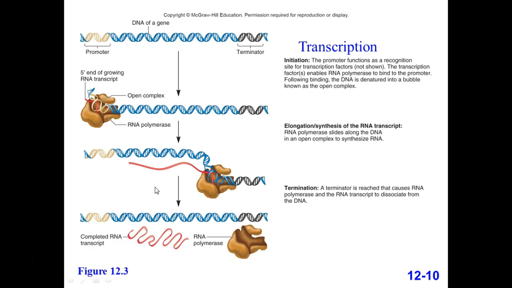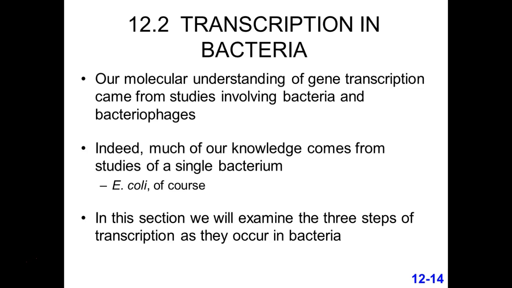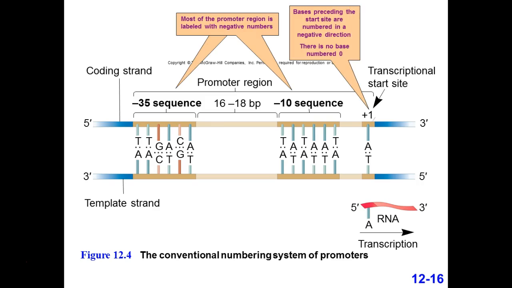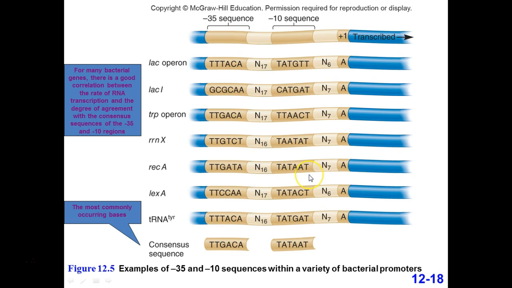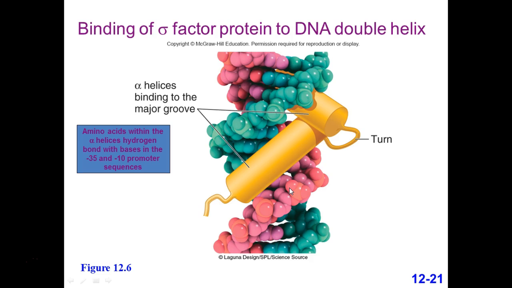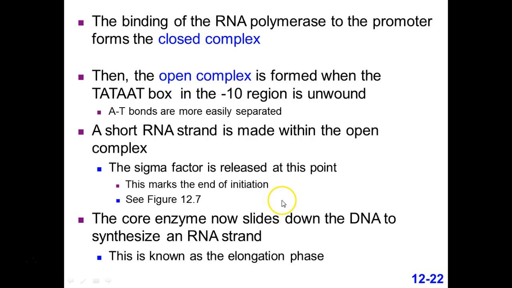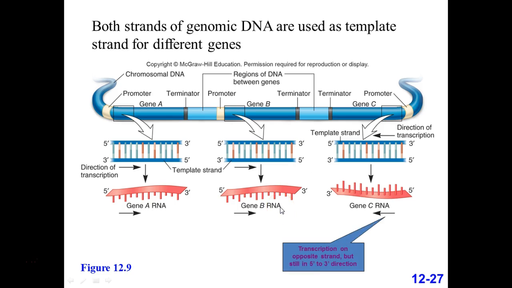I'm going to skip over, we talked about the different RNAs, about the promoter and the particular sequence and why it's got a lot of A's and T's, because that's less hydrogen bonding and you can open that up. How the enzyme actually attaches. Part of it actually is interacting with that sequence in the major grooves. And the sigma factor does that. And how only one strand is used as a template.